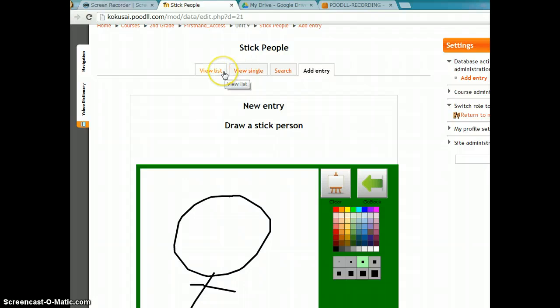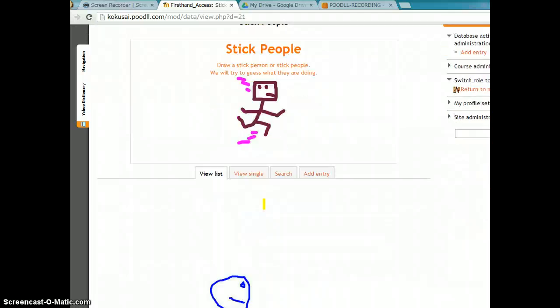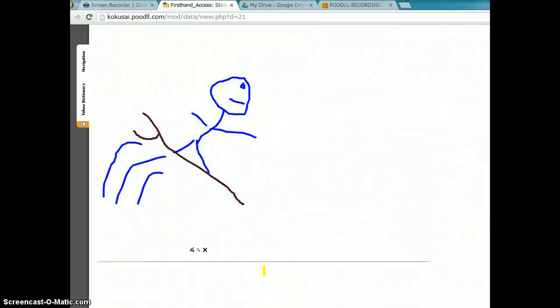Right, let's actually have a look at some of the pictures that my students drew. They drew many pictures, so it'll be quite interesting. The students, of course, enjoy drawing, but they really enjoy seeing the pictures that other students in the class have drawn too. So it's quite an exciting activity, and it takes some time to do because of that.